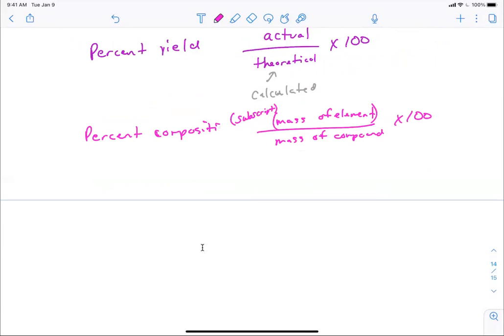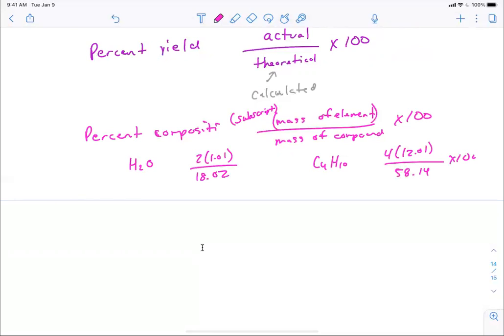So for example, for H2O, it's 2 times 1.01 over 18.02. Or for C4H10, it's 4 times 12.01 over 58.14 times 100. And that percent composition is consistent with that compound. That percent composition never changes by mass.